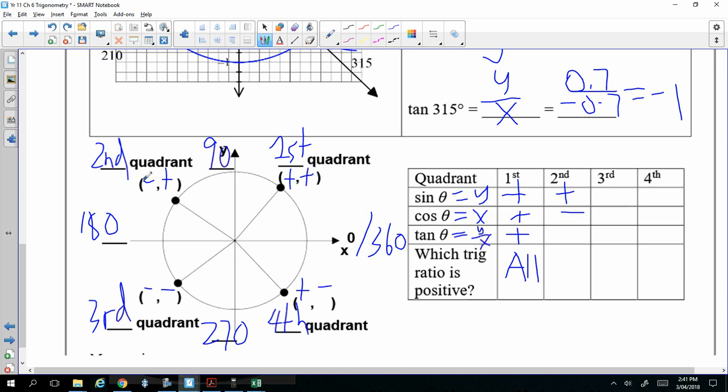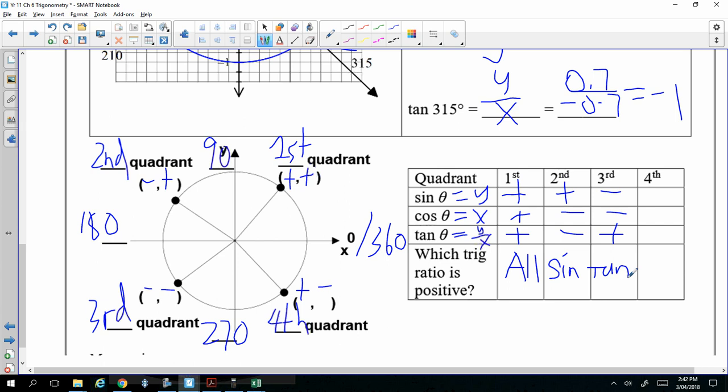And then the next one, third quadrant, sine is negative because y is negative, and cos is negative because x is negative. Negative divided by negative is positive, so only tan is positive. And the last quadrant, fourth quadrant, sine is negative, cos is positive. Negative divided by positive is negative. Only cos is positive.